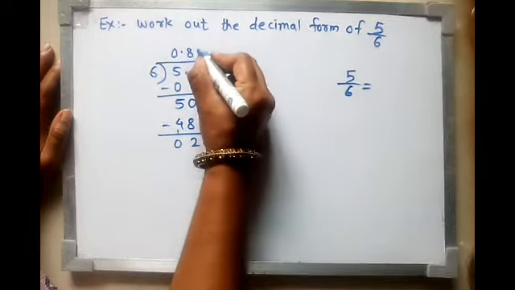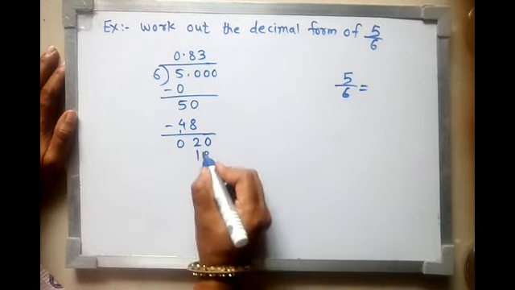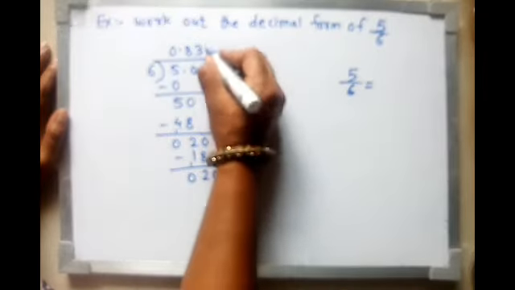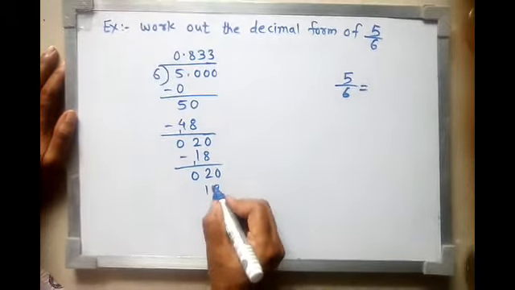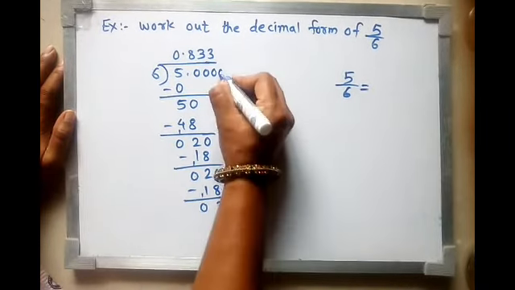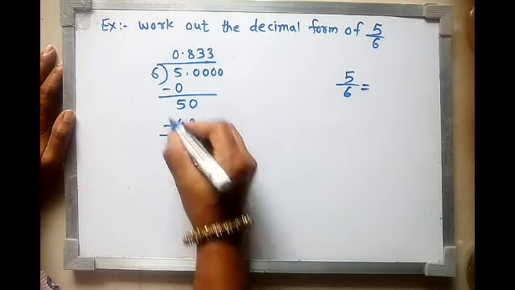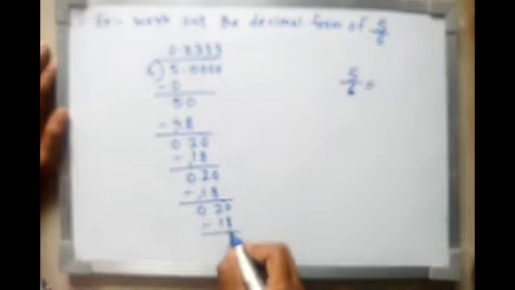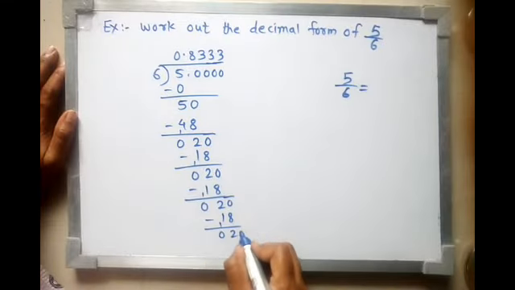I take 0. 6 3s are 18. Remainder is 2. Take 0. 6 3s are 18. Here the remainder 2 repeats again and again. So I stop division and write down the answer.